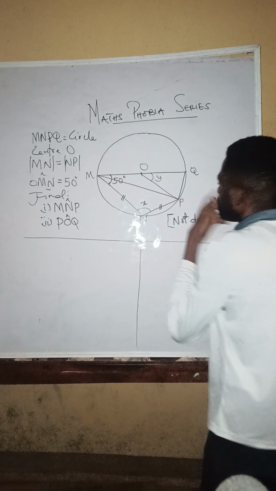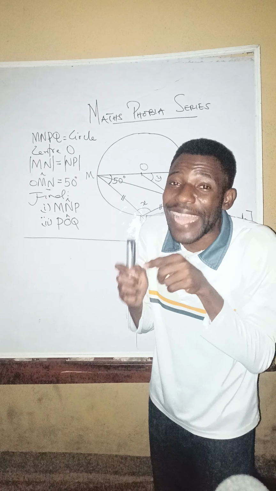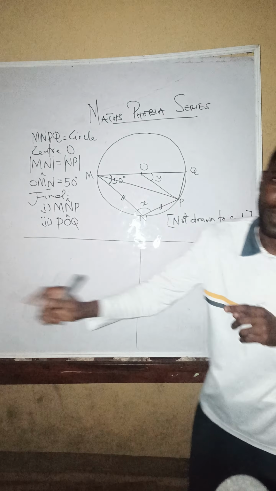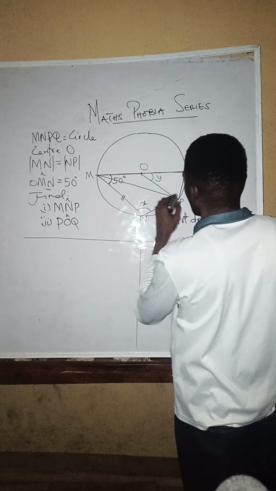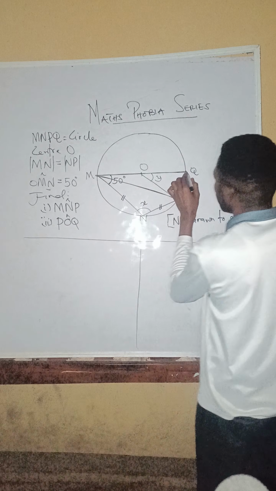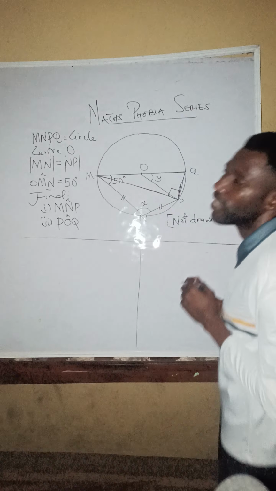Then we also have the angle formed in a semicircle is 90 degrees. We have this diameter here, and this line, so the angle formed here is 90 degrees.